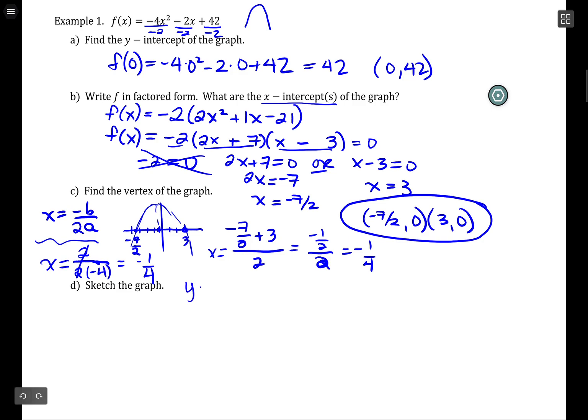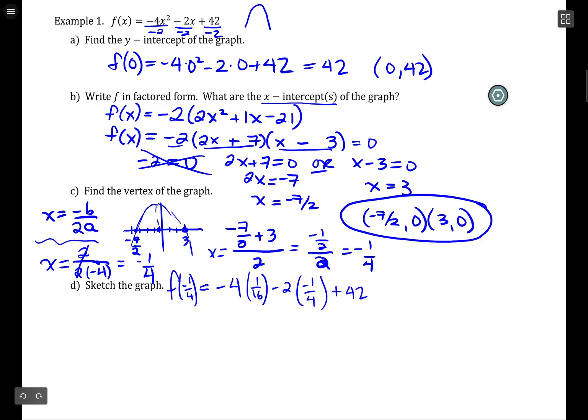The vertex is a point, so I actually do have a little more work. I need to go ahead and plug that -1/4 into the original function. So I should write f of -1/4. So the original function will square that, which makes it 1/16, and then multiply by -4, and then it'll subtract 2 times the input, -1/4, and then it will add 42.